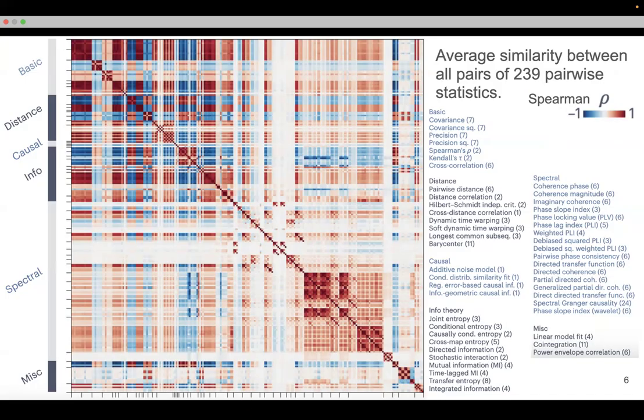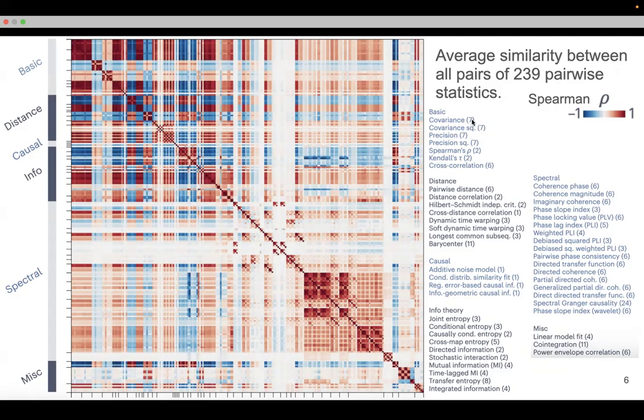So this matrix on the screen has those columns and rows listed there. You see they categorized those families of tests, and each family has different subtests, like covariance or precision, and so on.